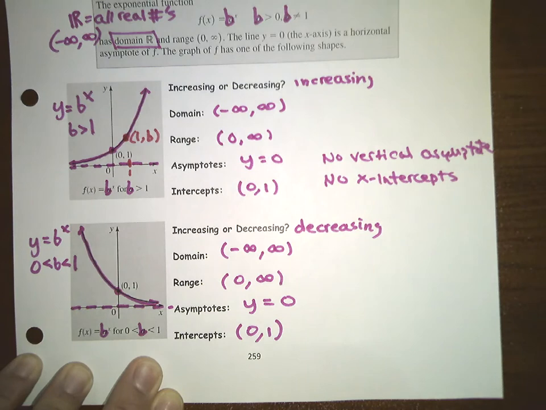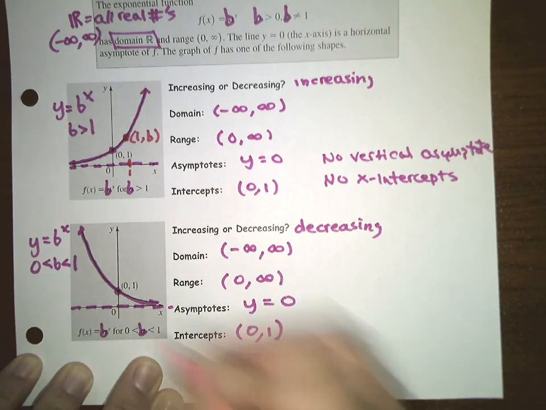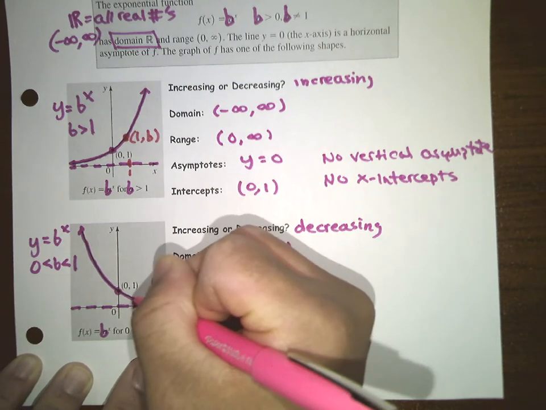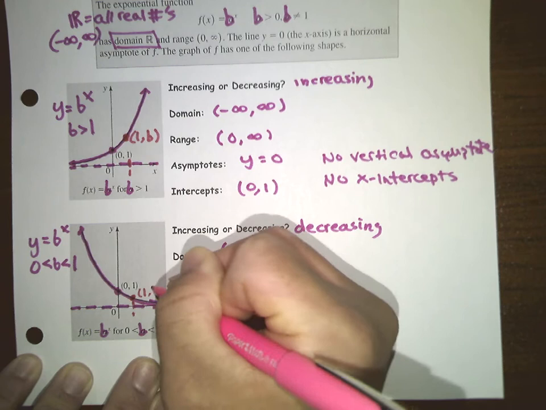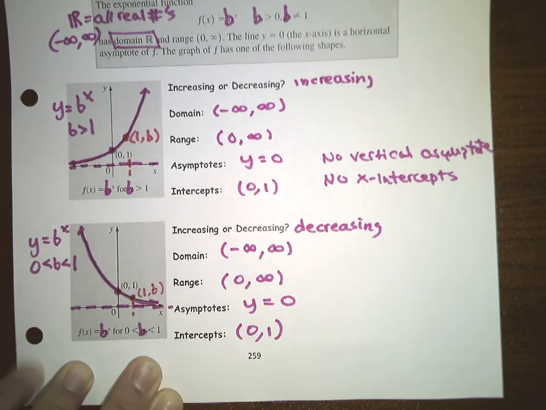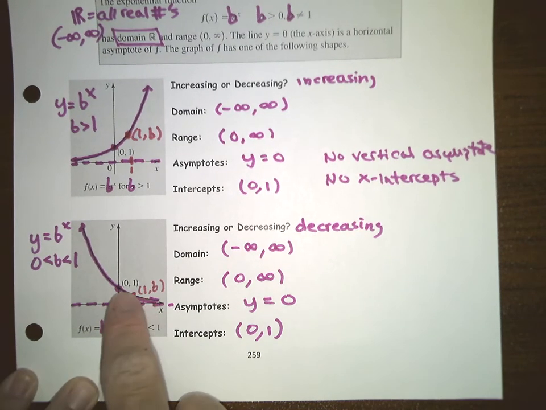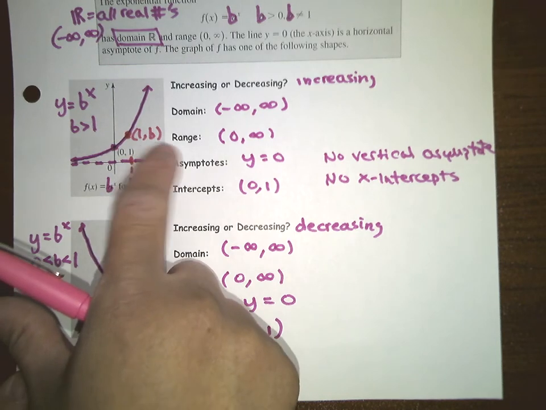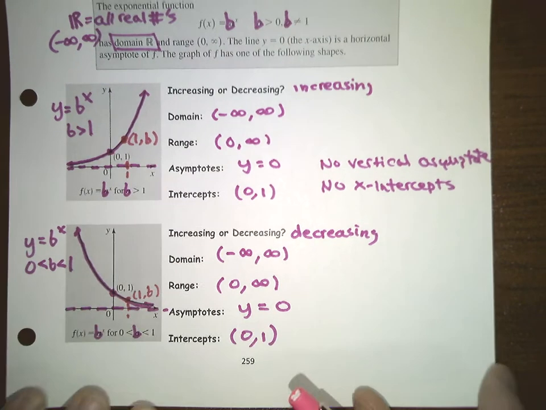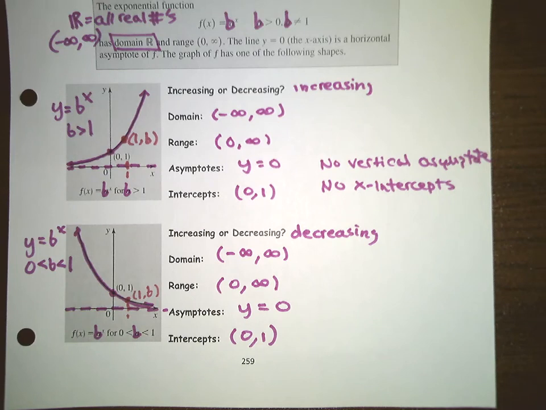All right, so if you look here, here's the point 1, and this is the point 1 comma b. So if you look here, again, this b is a number that is less than 1, and this b would be a number that's bigger than 1. So there you go.